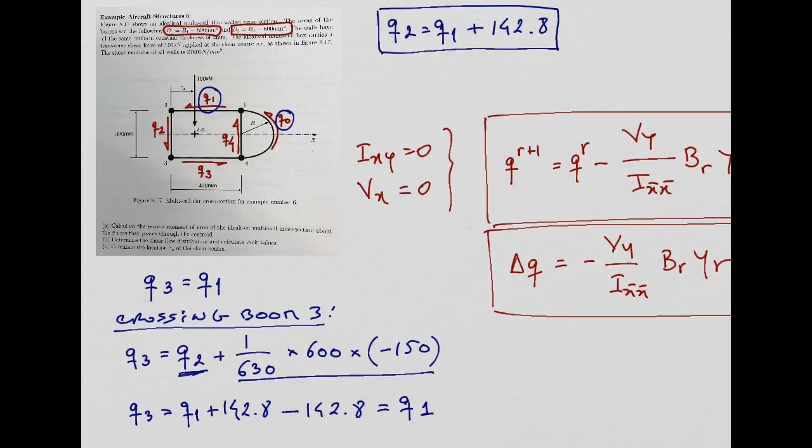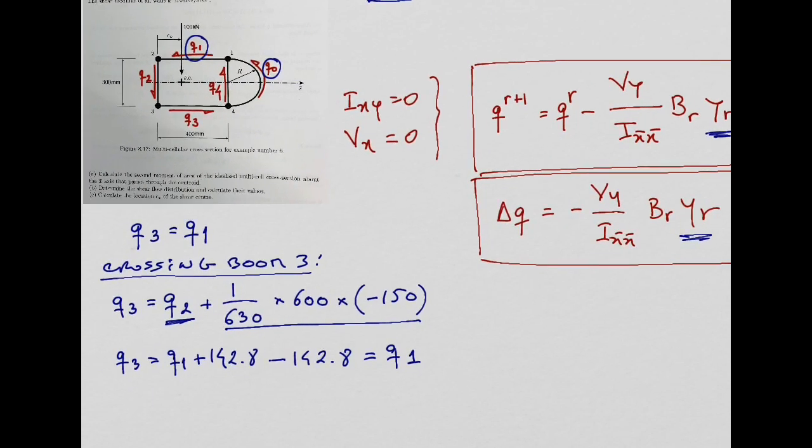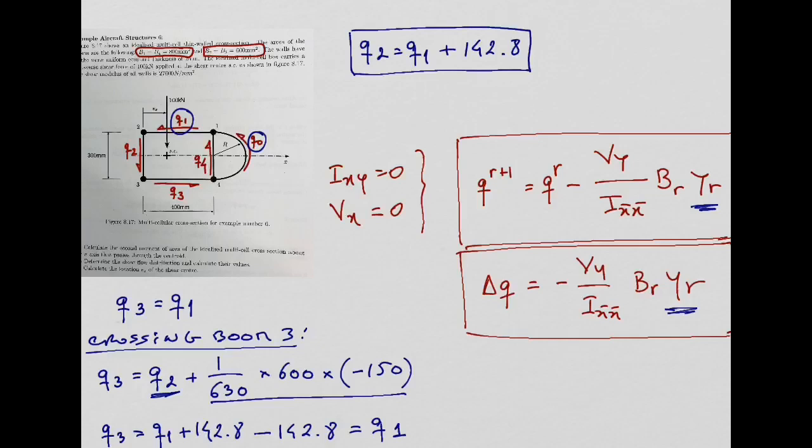In this equation for the shear flow, look, it's only the distance, and you need to be careful with the sign. If it is below the neutral axis, it should be negative. Okay, so we can also say that Q3 is going to be equal to Q1. We can also save this result.